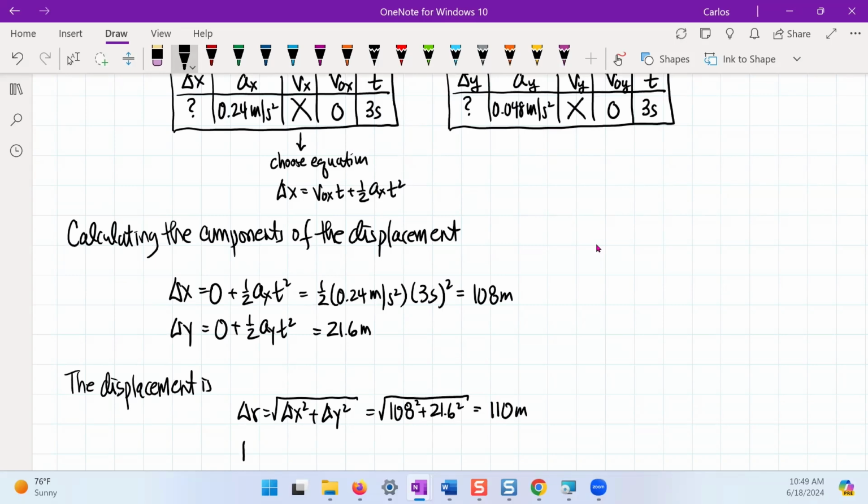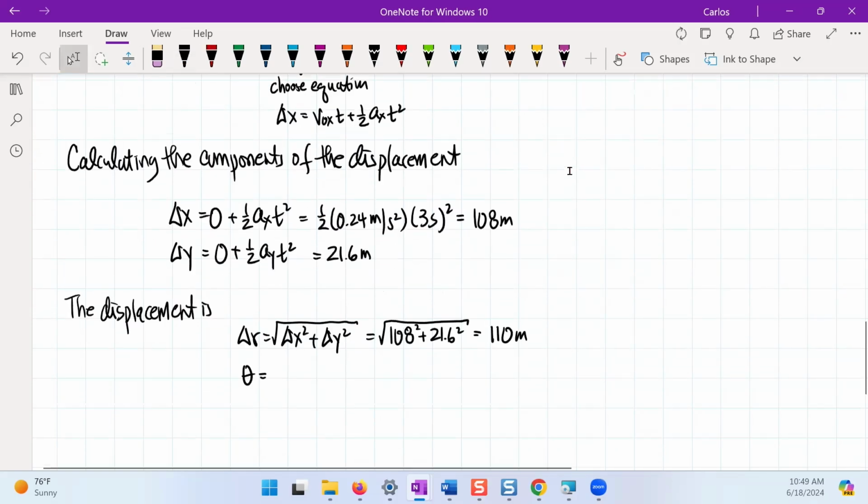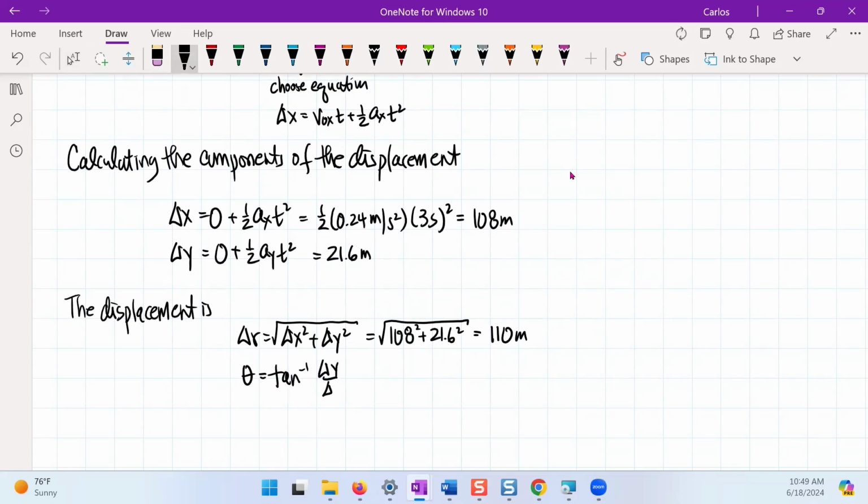And if I look at the direction, remember, it should be the same direction as the force, the same direction as the electric field. I should be able to just write 11.3 degrees. But you don't have to trust me, because we could calculate this. If I take the tangent inverse of 21.6 divided by 108, I also get 11.3 degrees, as expected.